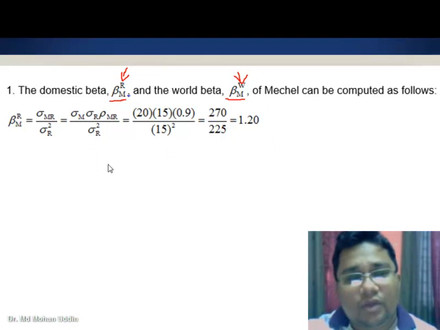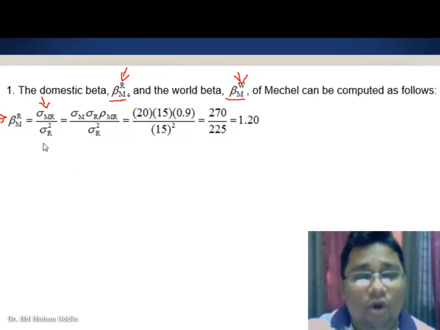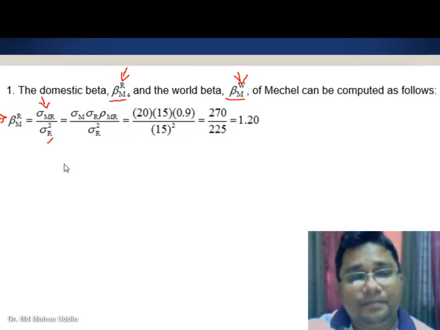So how can we calculate that? We know that beta equals the covariance between the individual return and the market return over the variance of the market return.